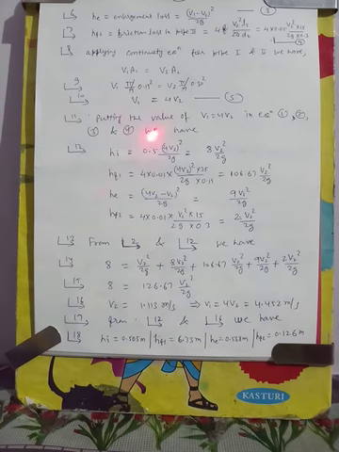Now putting the value of V1 is equal to 4V2 in equations 1, 2, 3 and 4, all the losses equations, minor and major losses equations, that we got in lines 5, 6, 7.